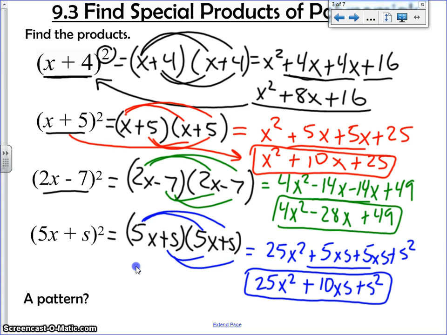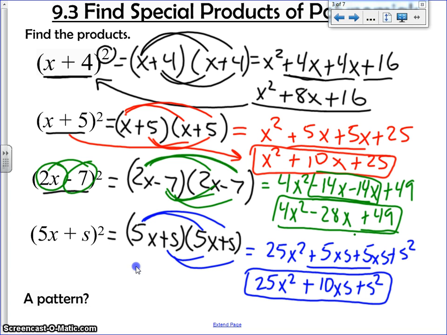Next one we had 2x minus 7 squared. 2x got squared to get 4x squared. We had negative 7, which squared is positive 49. Notice we have these minus 14x's twice. How do you get minus 14x? Well, 2x times 7 is minus 14x. And since we did that twice in the problem, we doubled it to get minus 28x in there.